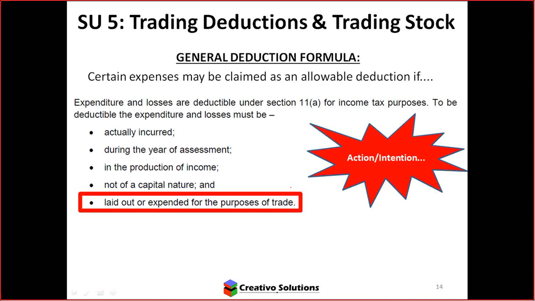Right, so if you laid out or expended money for anything other than the purposes of a trade, that would not be allowed. So, for example, you went socializing, you went to a bar, let's say. Would you be able to claim the entrance fee to the bar? No, sir. But let's say you paid to go to an event, and at the event you took photographs.